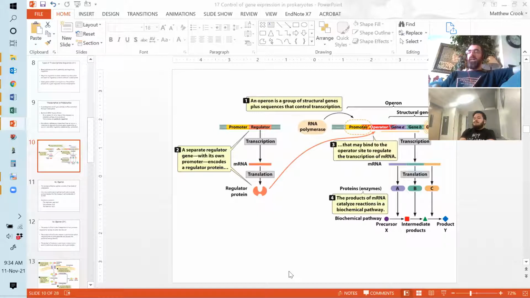Think about what the outcome of an inducible system is. What is it that you're doing to turn it on? Can you repeat the question? So I'll type it up too, that will help.